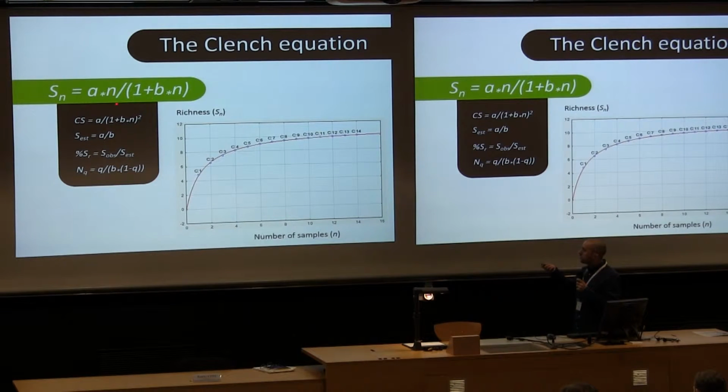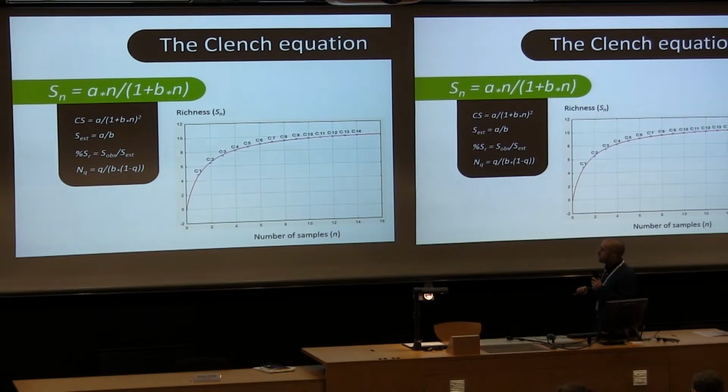From these two parameters, we can estimate the curve slope at these last stages, which is a measure of stability of the estimates produced by the model, an estimate of the total richness of the sample we are measuring, the proportion of the richness we have recorded for a given sampling effort, and the number of samples we would have to collect to reach a proportion Q of the total richness of the sample.